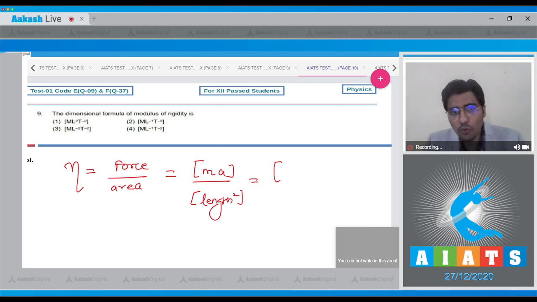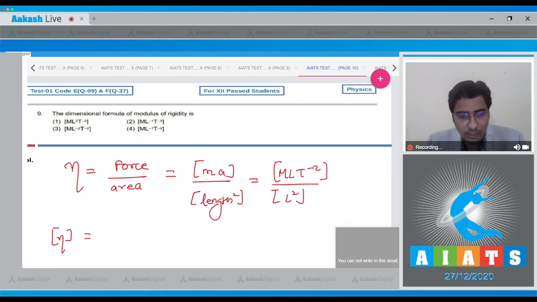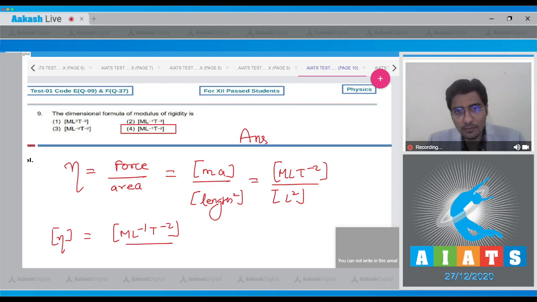So the dimension of force will be equal to M L T to the power minus 2, while the dimension of length square will be L square, meaning that the dimension of eta will be equal to M L to the power minus 1 T to the power minus 2, and hence for this question the correct answer turns out to be option number 4. That is our final answer. Now moving on to question number 10.